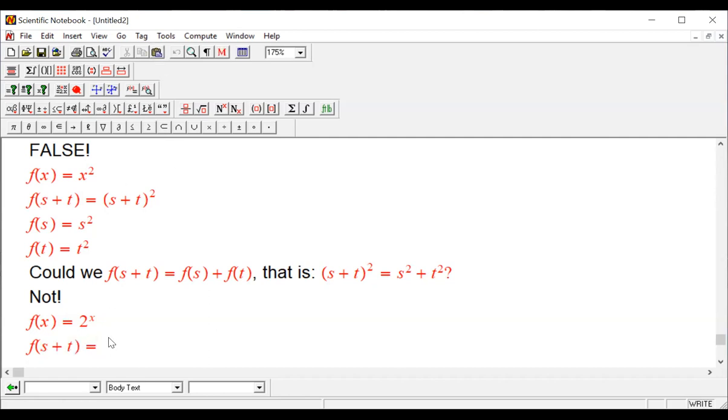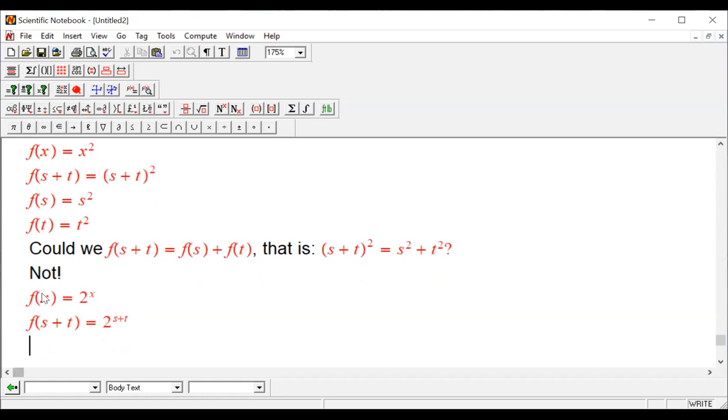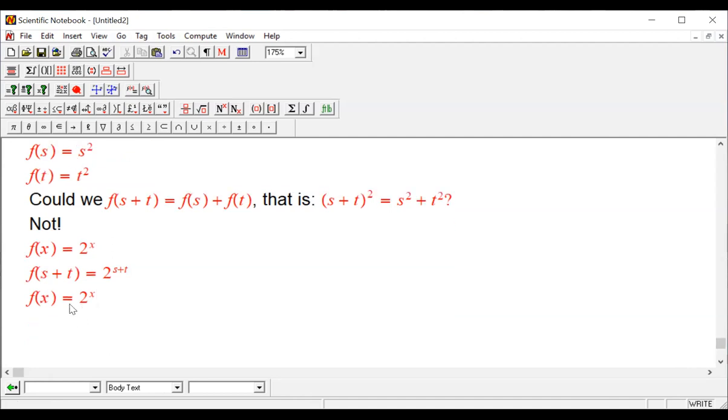Does f of s plus t, that's going to be 2 to the power of s plus t, right? f of s, I'm just trying to say there are lots of such examples, so we cannot take it that way. So this is s, and this is t.